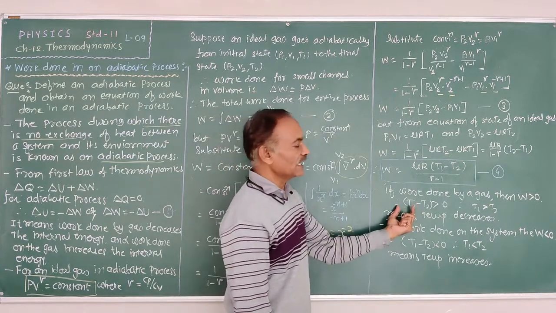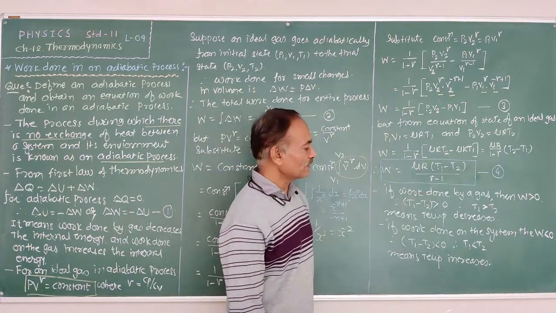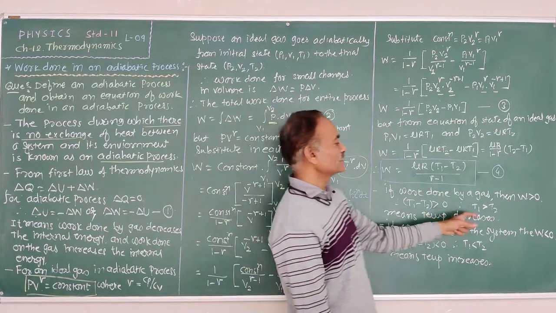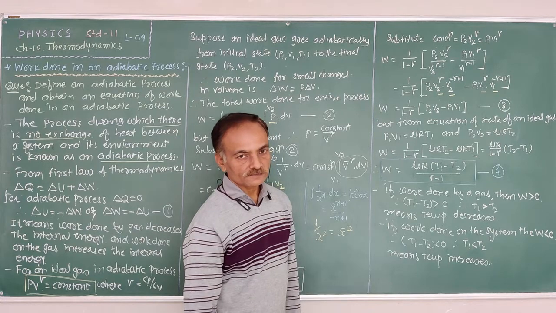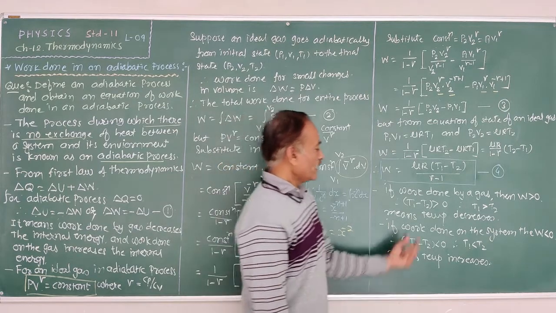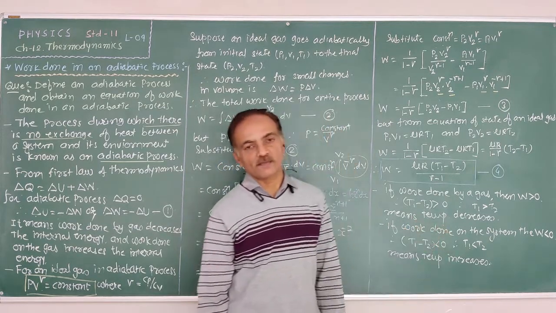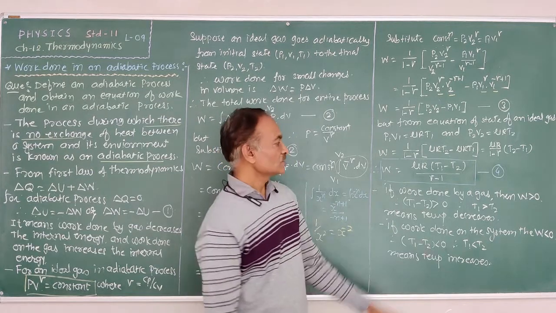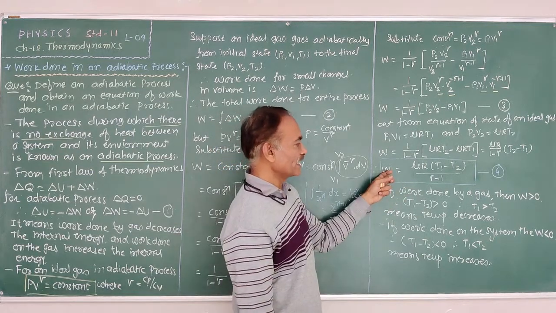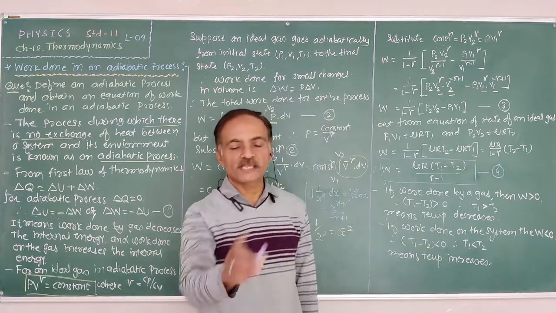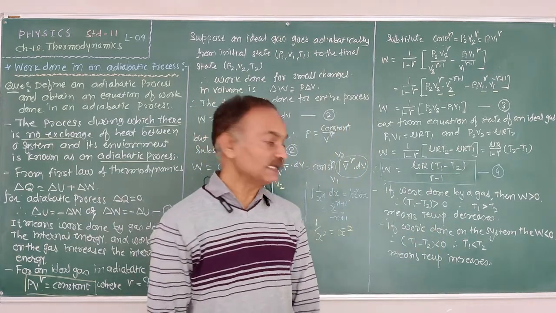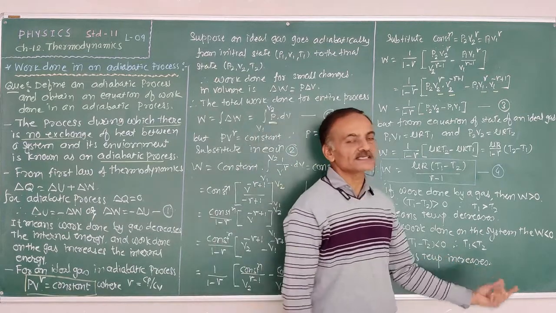The temperature of the initial state is more than the final state, which means the temperature decreases. If the work done on the system by the environment, W is negative. Therefore, T1 minus T2 is less than 0, so T1 is less than T2. It means the temperature increases.